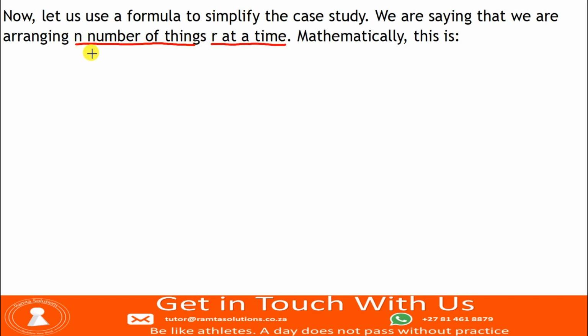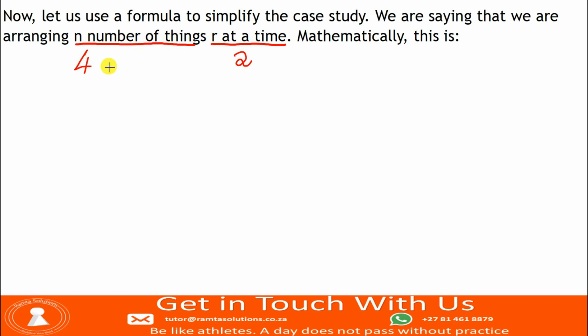In that example, we are arranging 4 objects, meaning 4 people, 2 at a time, right? We are arranging 4 individuals 2 at a time.